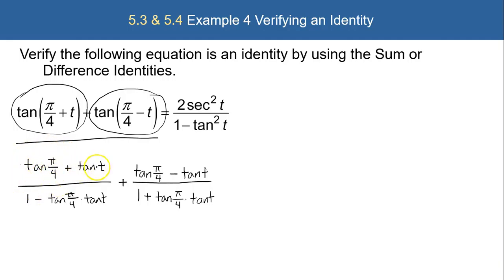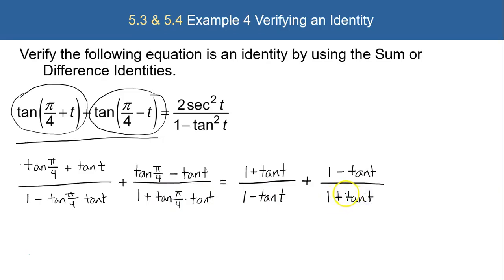So we're going to have 1 plus tangent of t over 1 minus tangent of t. Then add that to 1 minus tangent of t all over 1 plus tangent of t.